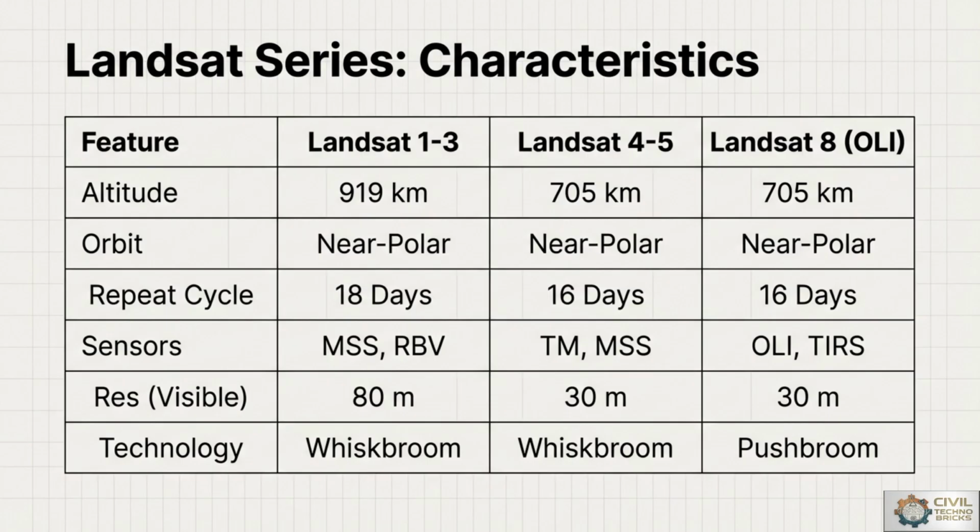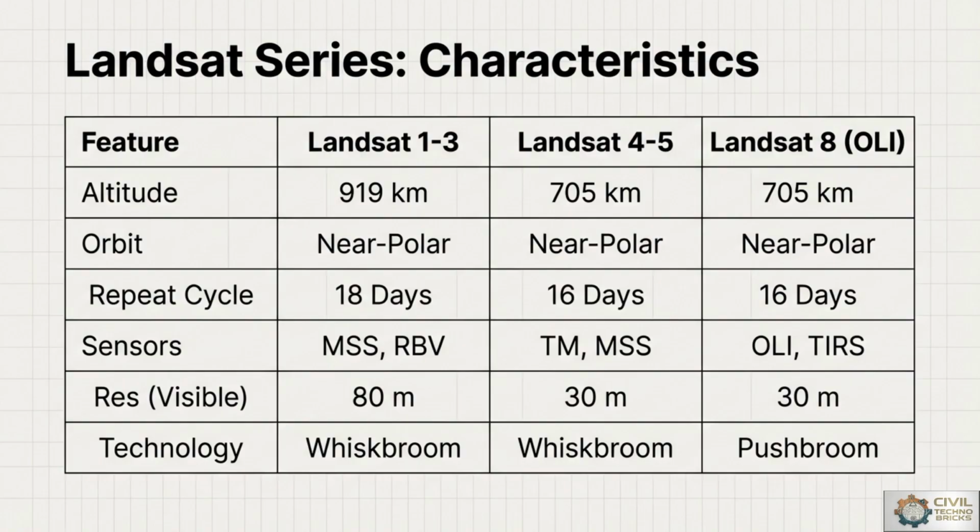Here, the comparative study of the characteristics is explained in tabulated format based on features like altitude, orbit, and repetitive cycle of sensors. Landsat satellites operate in near-polar orbits, approximately 705 km altitude with a 16-day revisit cycle.